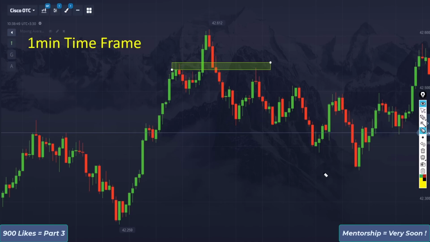Is this a QM level? Yes. It came down. But you know what? If I zoom in here, you see this ABC to the downside. This is like an extra point. You already know ABCs have strong supplies.